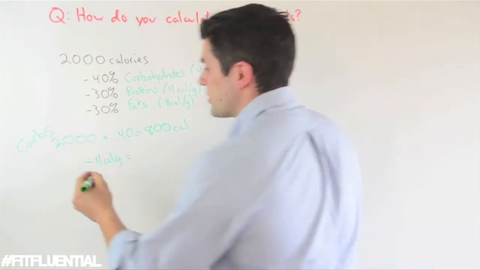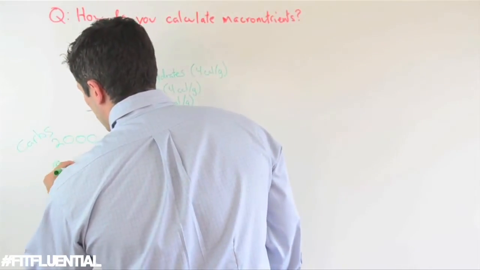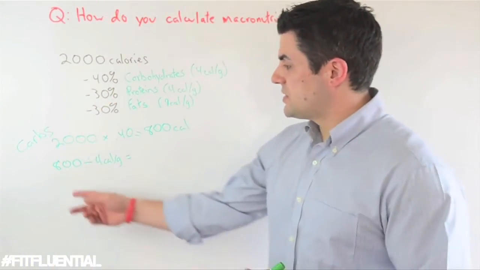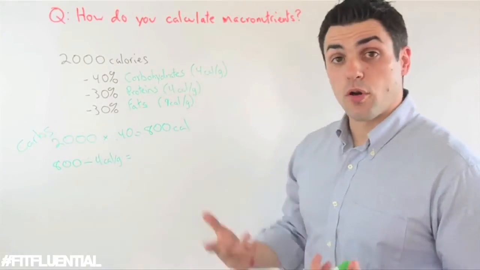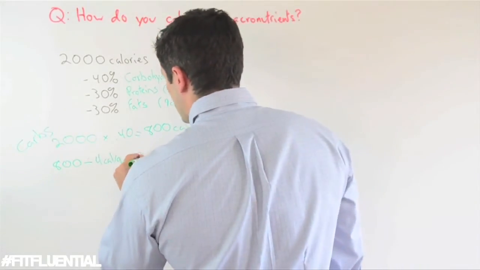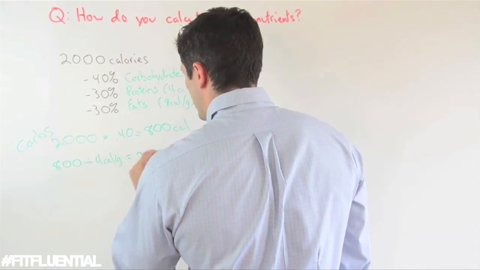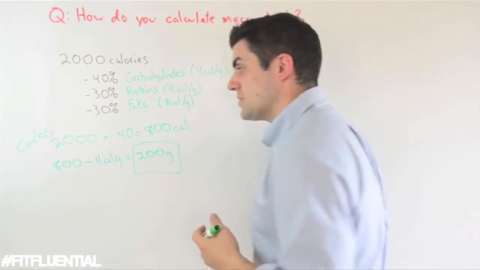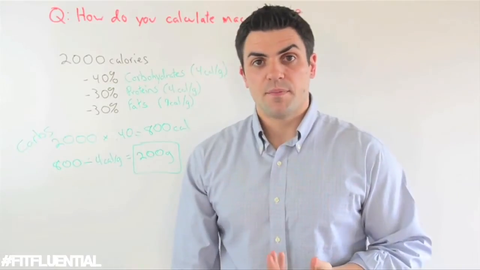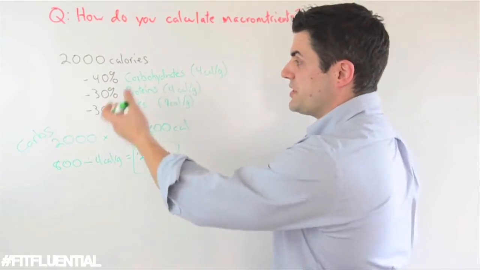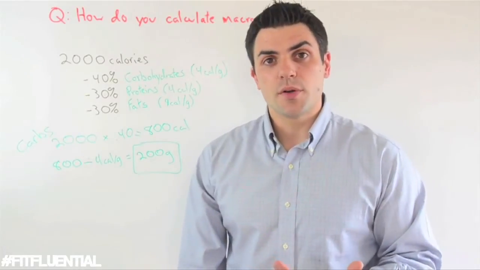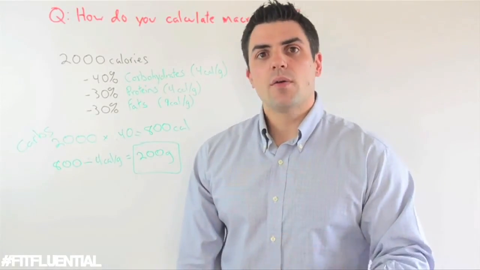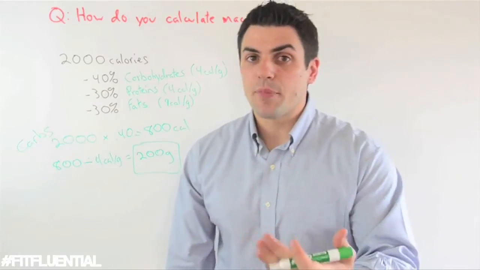Then we take that 800 calories and divide by 4 calories per gram, and that's going to give us 200 grams of carbohydrates per day. So now to do this with proteins and fats, we're going to essentially do the same thing, just plugging in those different numbers. So I'll do that right now, and then we'll come back and wrap the whole thing up.